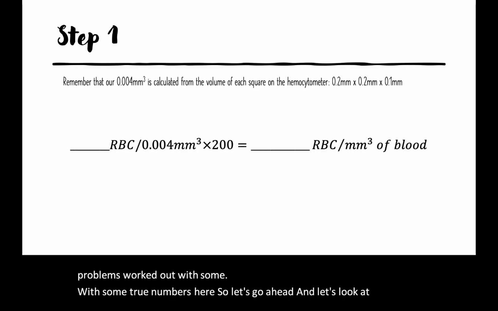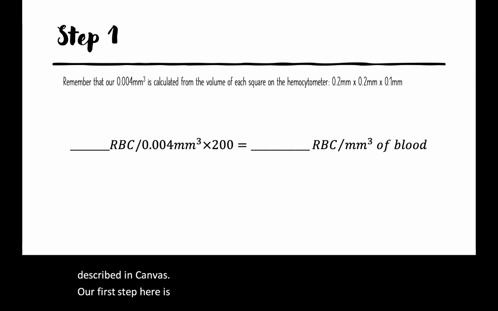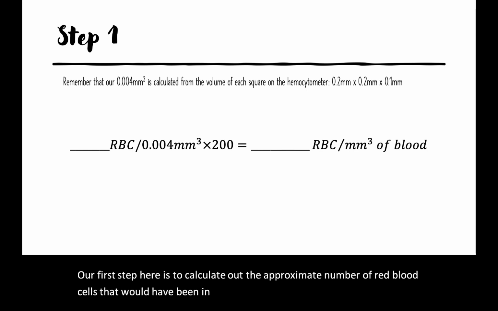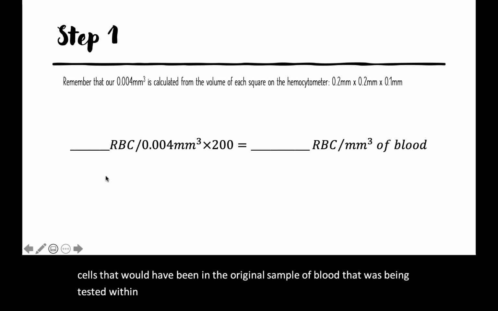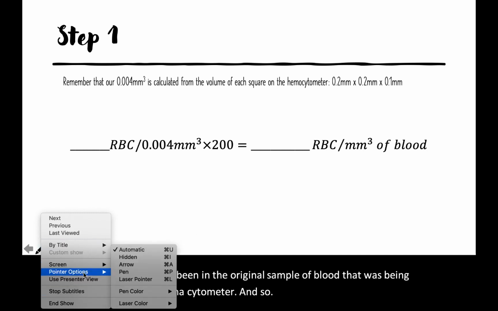As I described in Canvas, our first step here is to calculate the approximate number of red blood cells that would have been in the original sample of blood that was being tested within the hemocytometer.